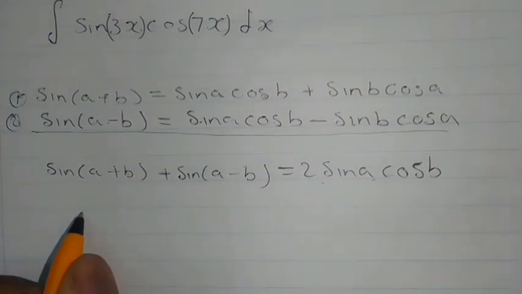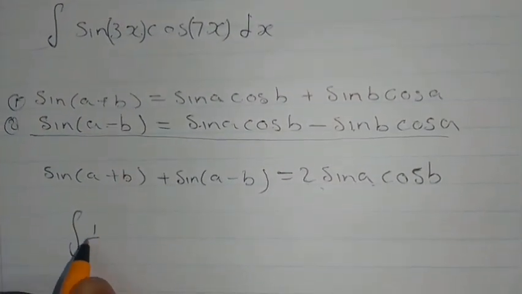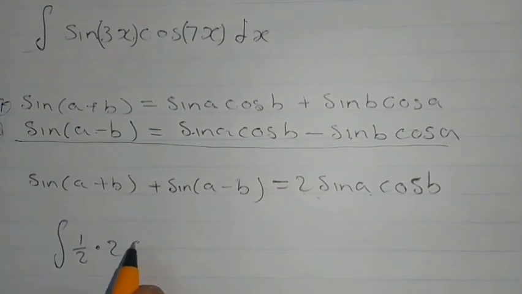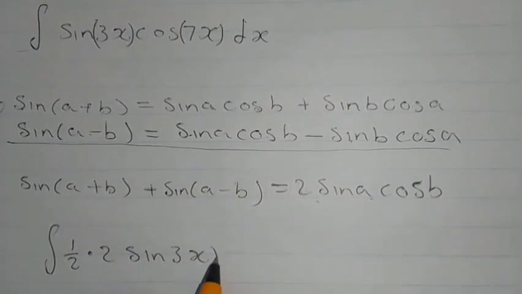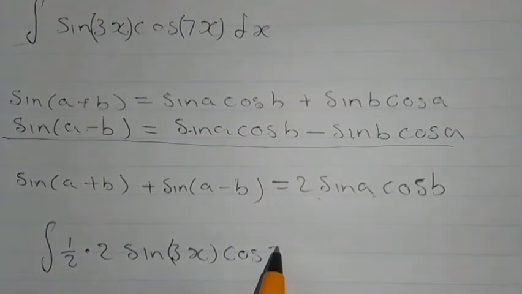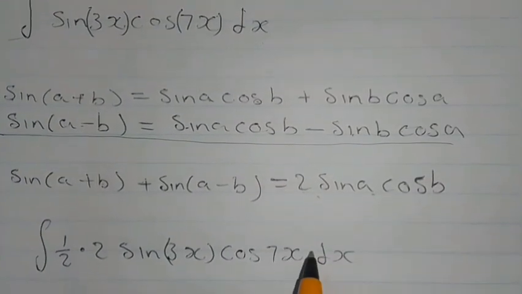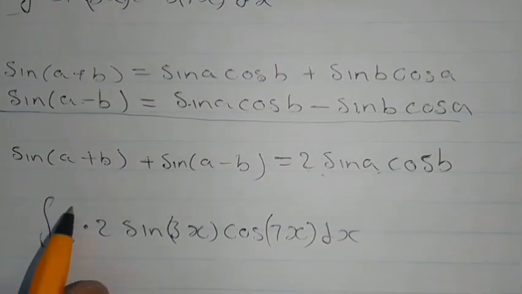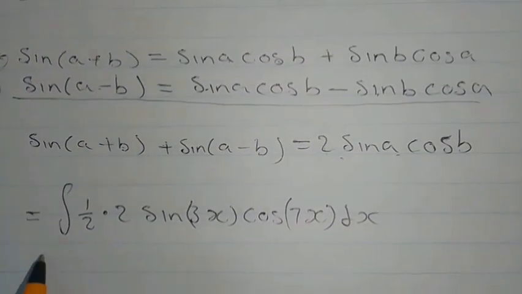So you can say this is the integral of half multiplied by 2, because half times 2 is 1. So you'll have half times 2 multiplied by sine 3x cos 7x dx. Now notice that you can take the half outside.